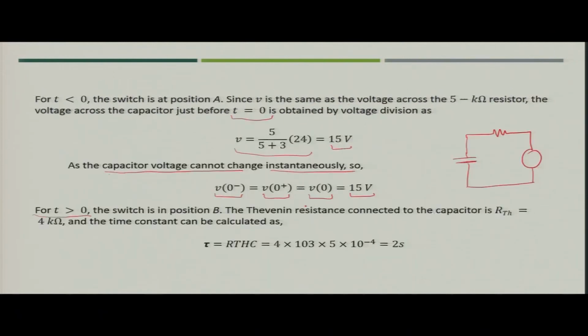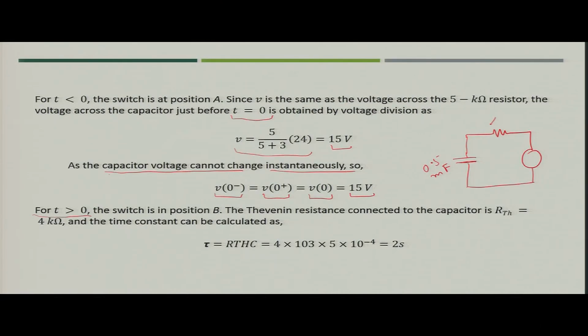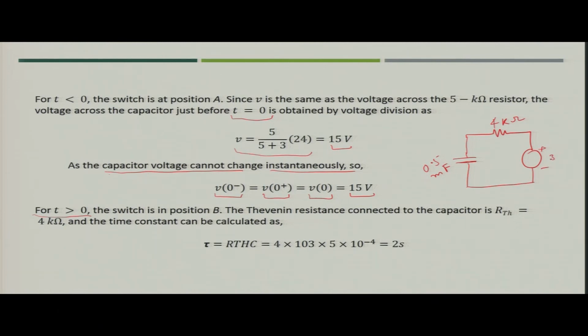The value of the capacitor is 0.5 millifarad, the resistance is 4 kilo ohm, and the voltage is 30 volt. So, this would be the condition when the switch is thrown from A to B.